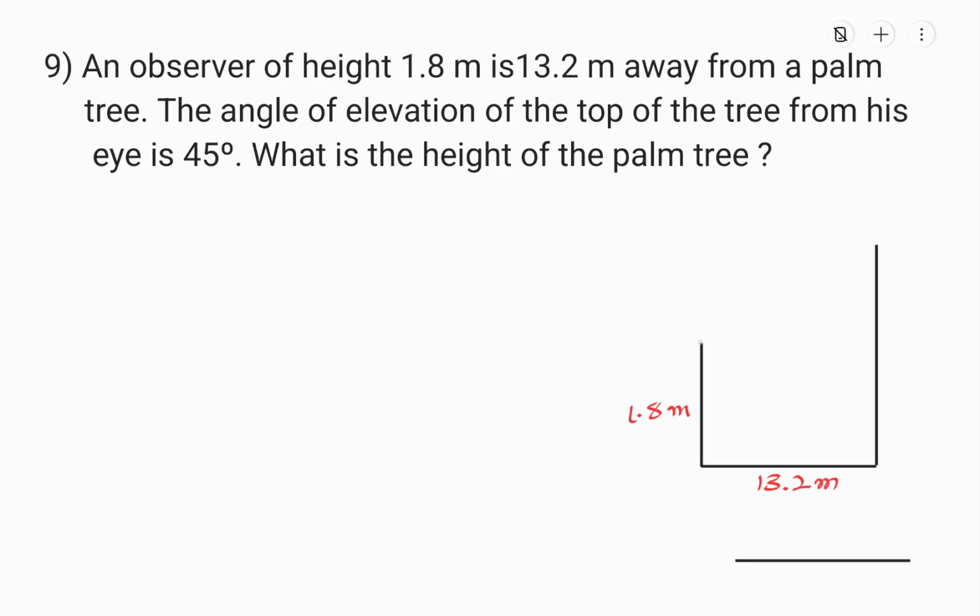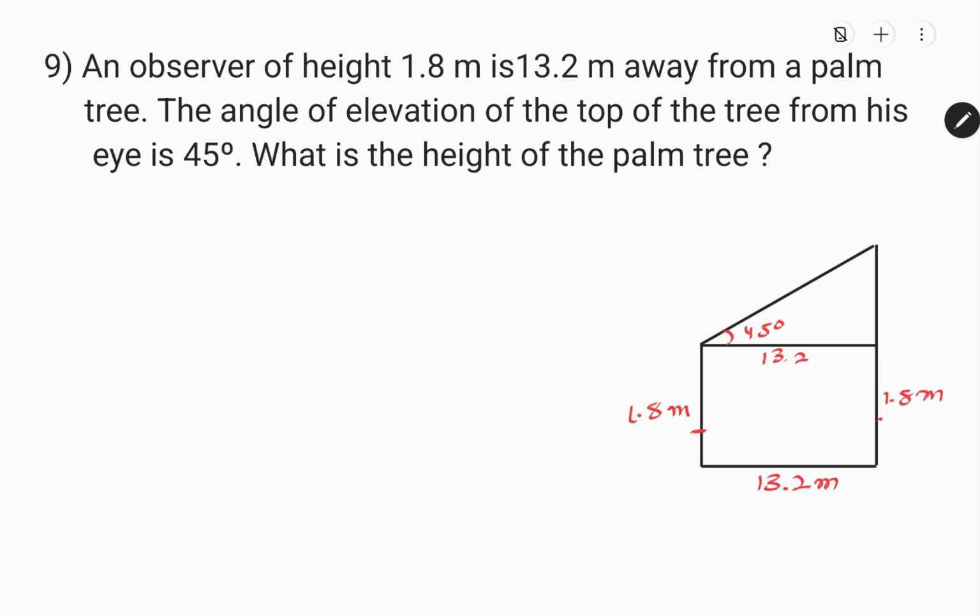Draw one horizontal line from up here to here. The angle of elevation of the top of the tree from his eyes is 45 degrees. This is parallel to surface. So both are length of this equal. So write here 13.2 meters. Here also these two lines are parallel. So write here 1.8 meters.